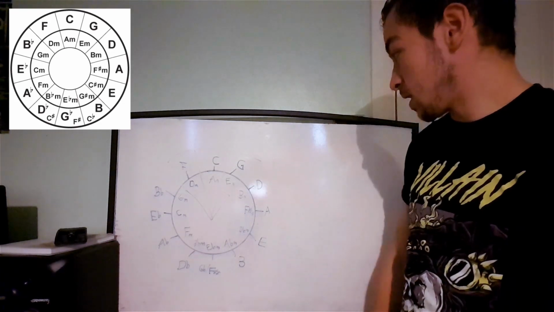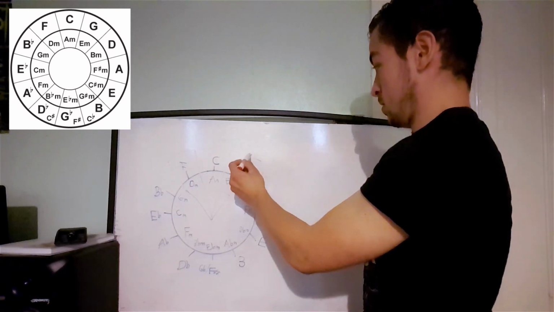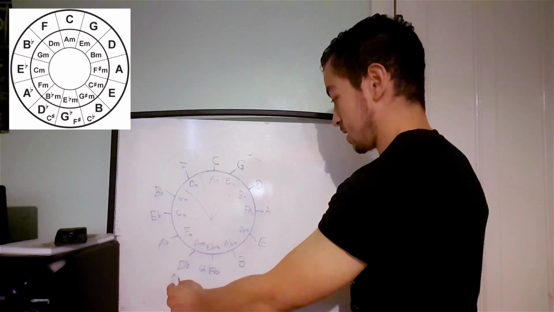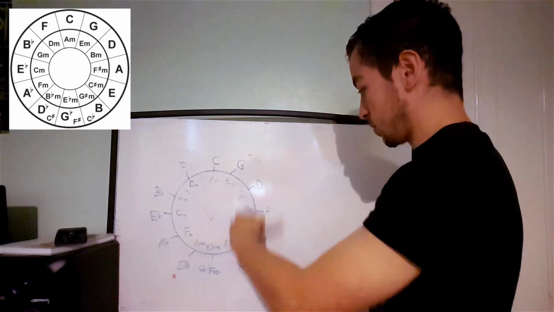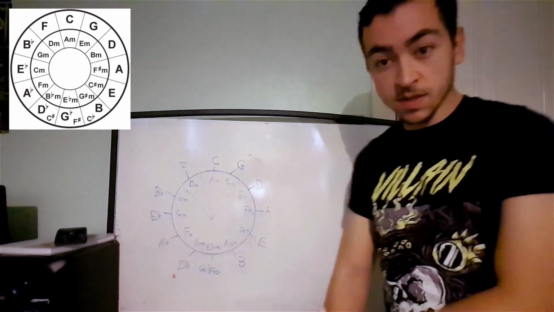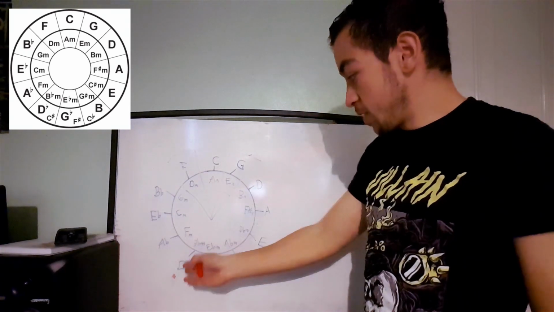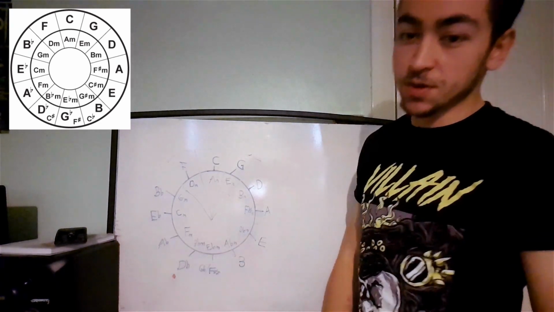Whereas if we wanted to, like, maybe go from G and change key to D flat, that's on the other end of the spectrum. We've got 1, 2, 3, 4, 5, 6 different notes. We know that that's going to be really difficult to transition to and sound good.